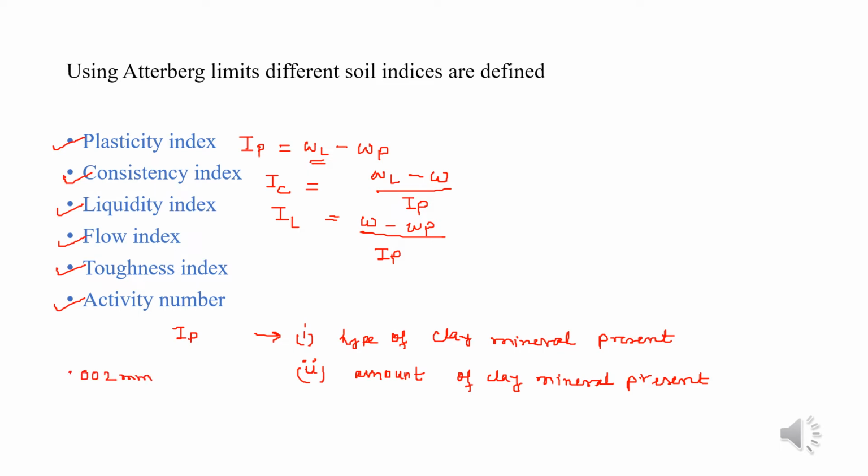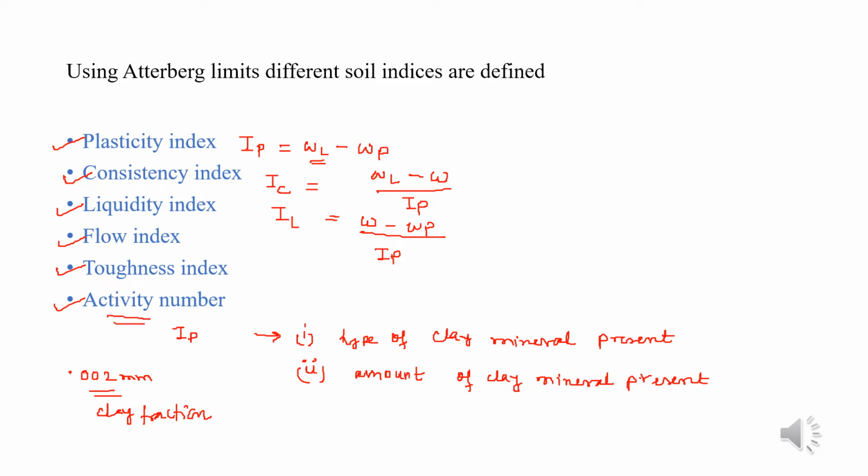Particles finer than this size represent the clay fraction in a soil sample. On the basis of this behavior, that IP is proportional to the percent of clay size particles, an index property was defined, and that property is called the activity number.